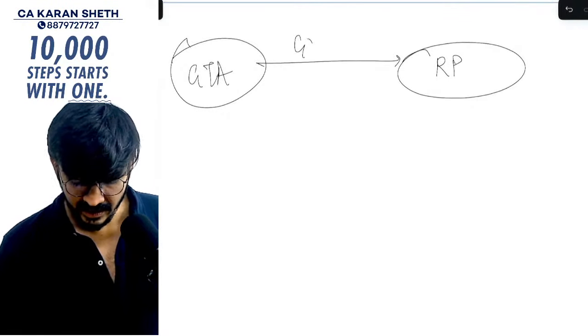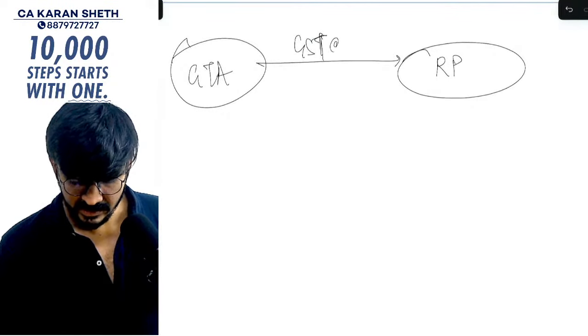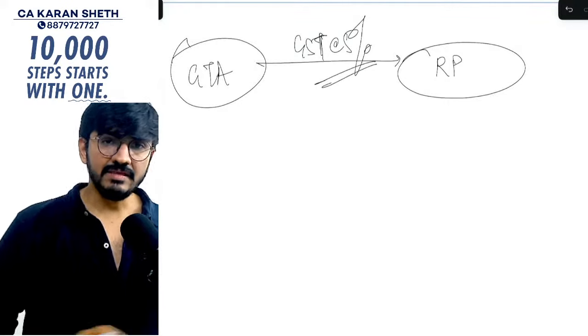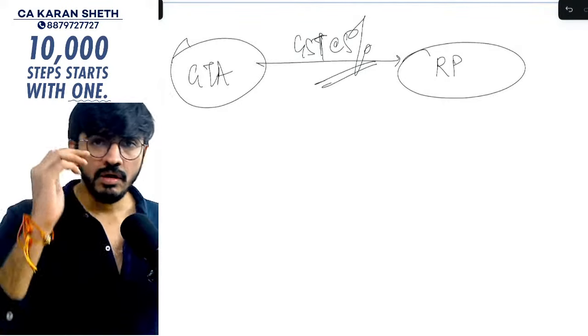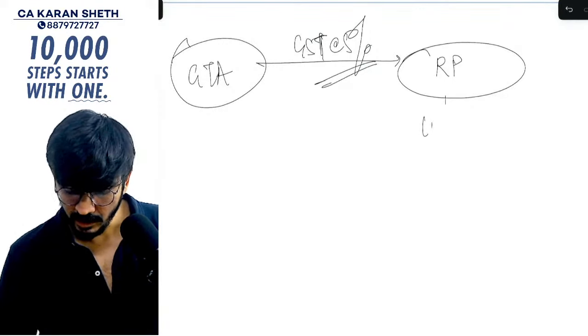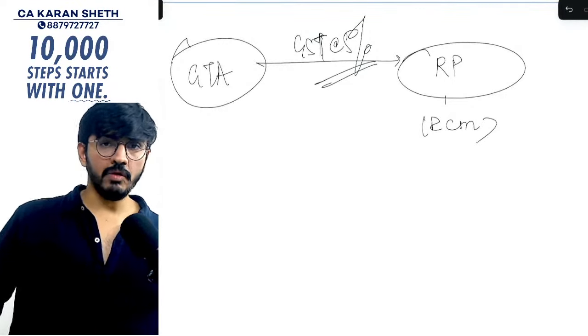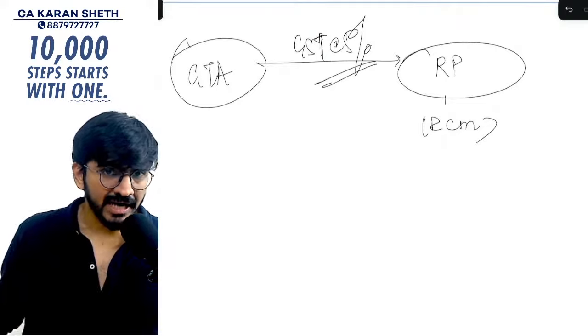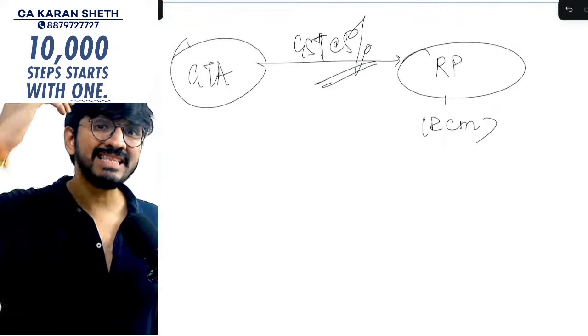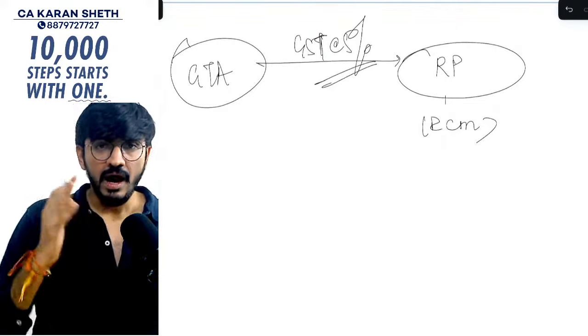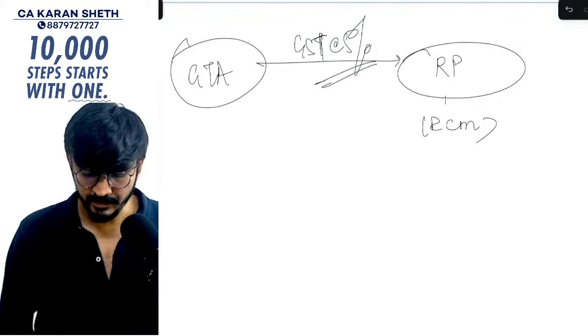The GTA charges GST at the rate of 5%. In this case, hands down, eyes down, very simple, RCM. Understand the method in which I am trying to help you recollect, and remember it that way only. Registered person, RCM, simple.